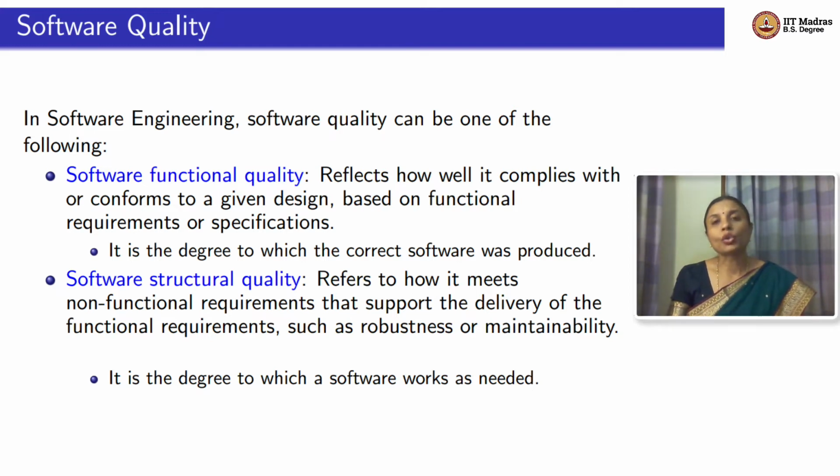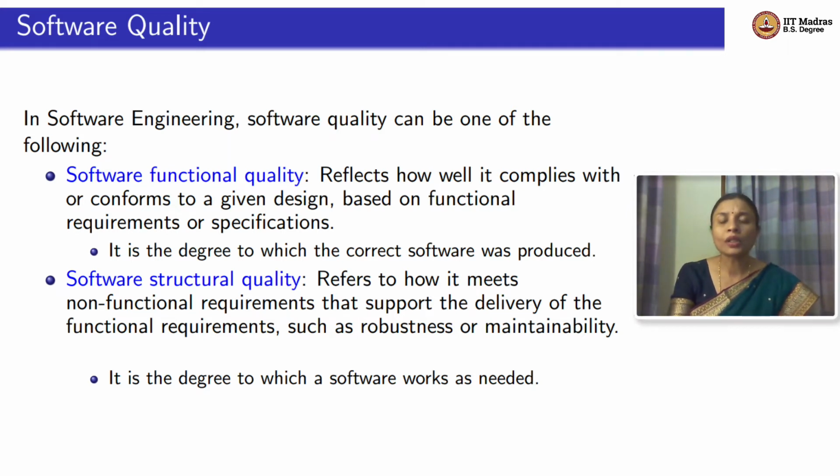The software should be usable in the sense that its language should be good, user interface should be good, and the software should be secure. It should not let unauthorized users access somebody else's bank account details. The software should perform well. It should be fast enough. So these are related to non-functional requirements, otherwise known as structural quality.